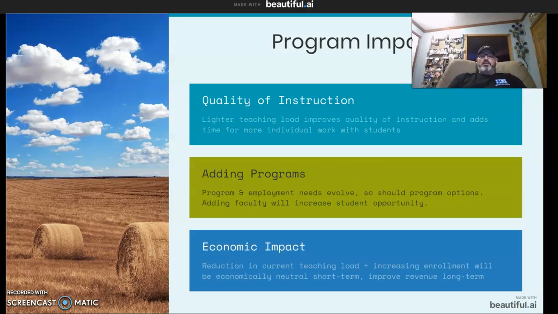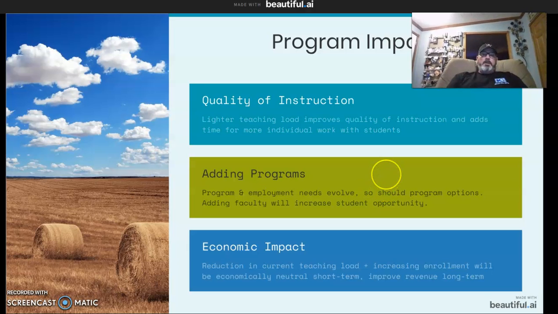So adding a third faculty member with a little bit more diverse skill set, maybe a little bit different than the two of us currently have, would potentially open up the door for a new program, perhaps a precision agriculture program, or perhaps a vet tech type program to take us stretching out and exposing ourselves to maybe a different population of student at our institution. So we'd have the opportunity to grow our enrollment impact.